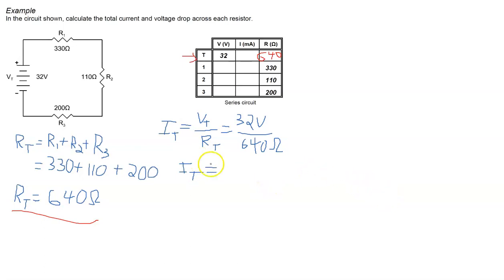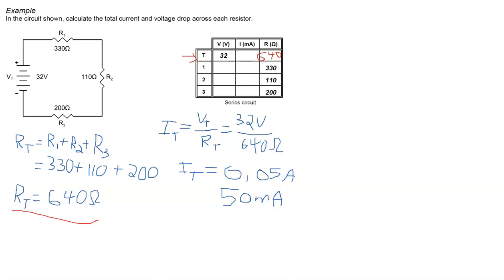And so IT is equal to 0.05 amps. If you get used to writing that with your metric prefix, move your decimal 3 spots to the right and call that 50 milliamps.